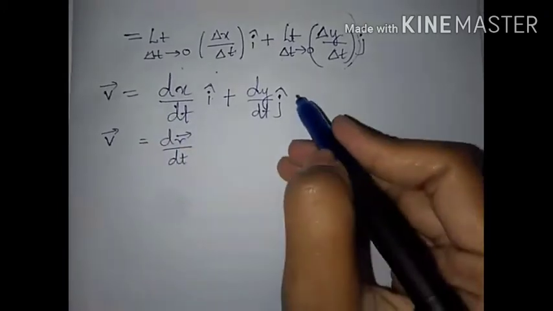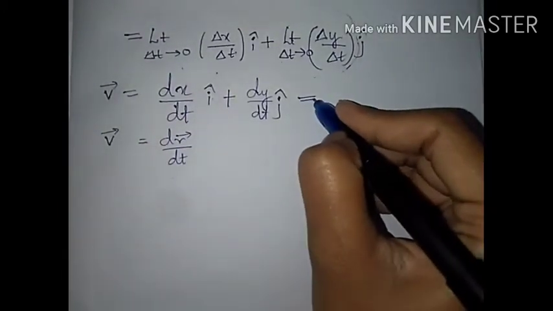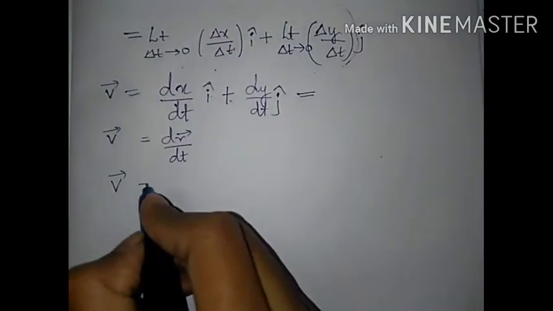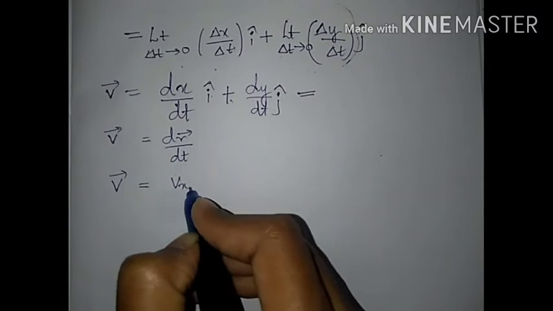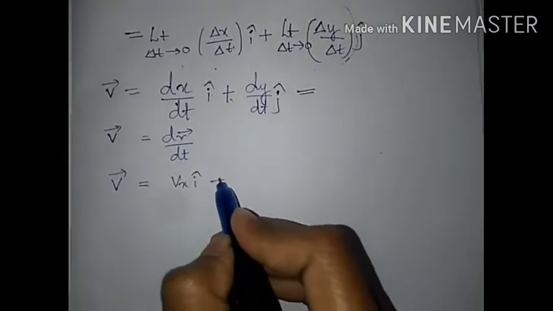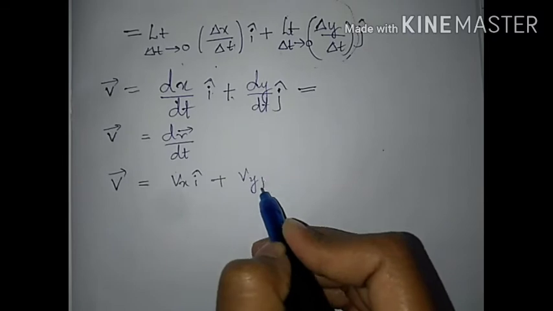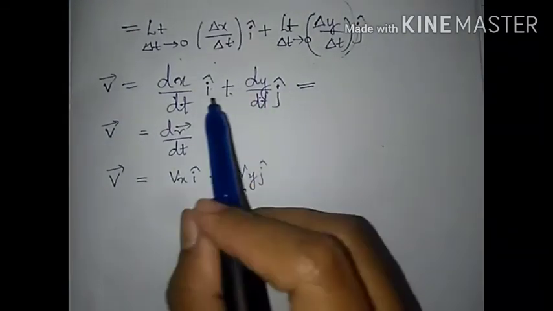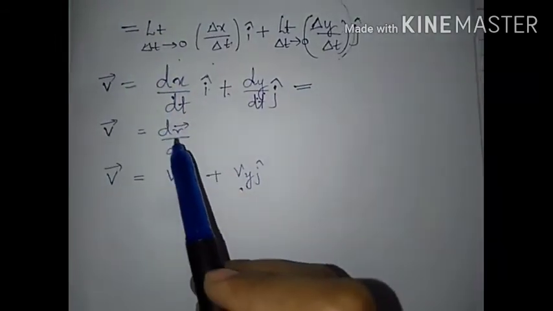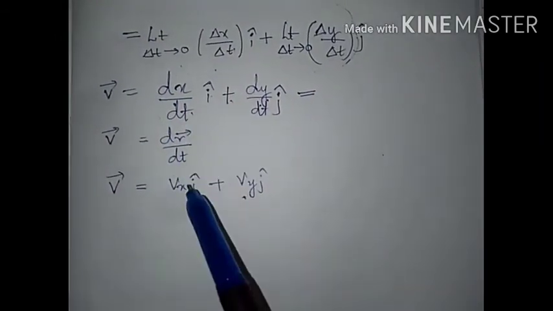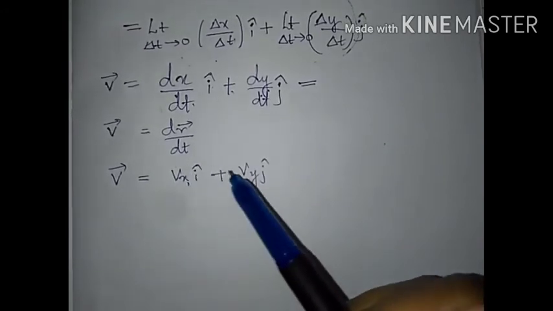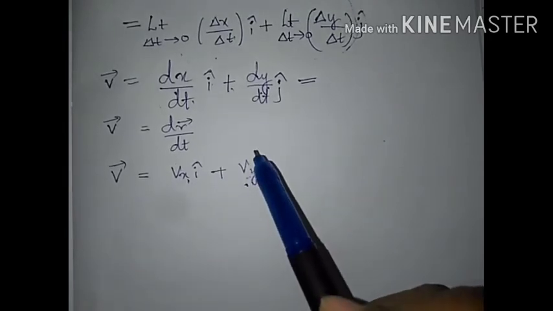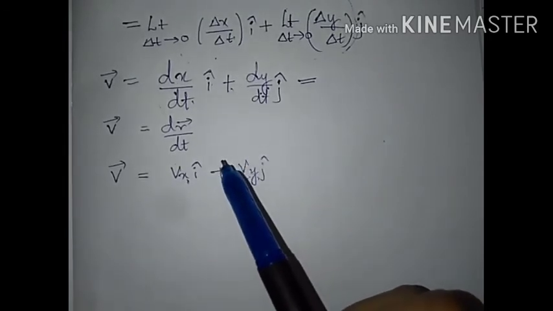Now this equation can also be written as vx i cap plus vy j cap. I have written this equation from the previous one. This gives the velocity along the x-axis and the velocity along the y-axis. So these two are the components of velocity in x and y.